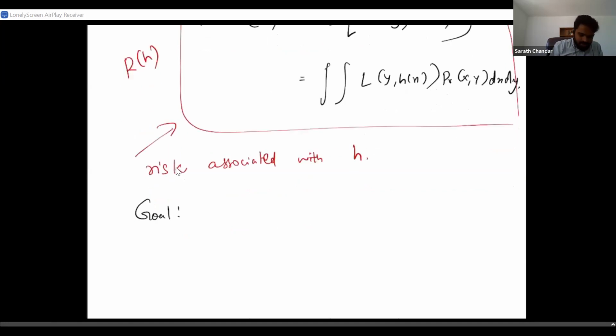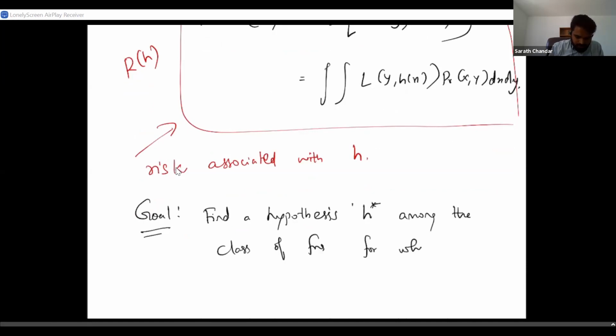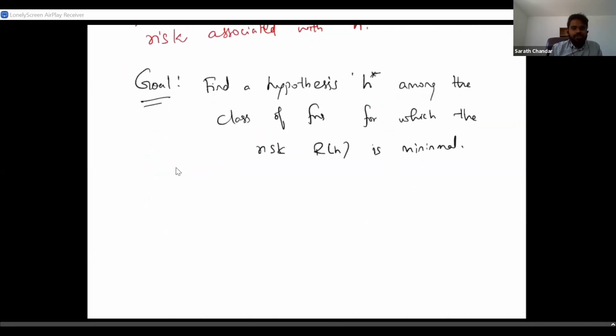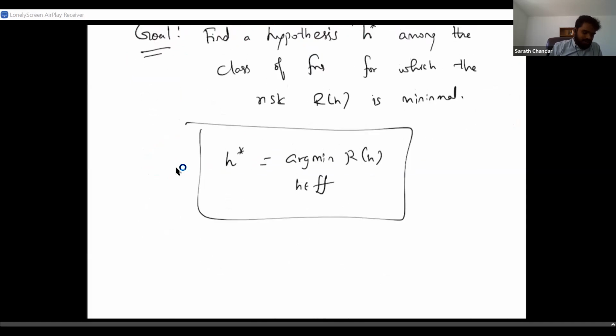The goal is to find a hypothesis H, let's say H star, among the class of functions for which the risk R of H is minimal. Another way to look at the optimization process that we have been doing in the last few lectures is H star is equal to argmin of R of H, where H belongs to some hypothesis class.